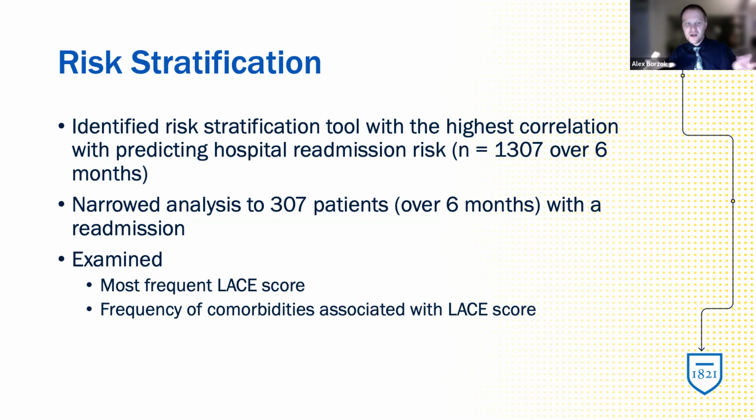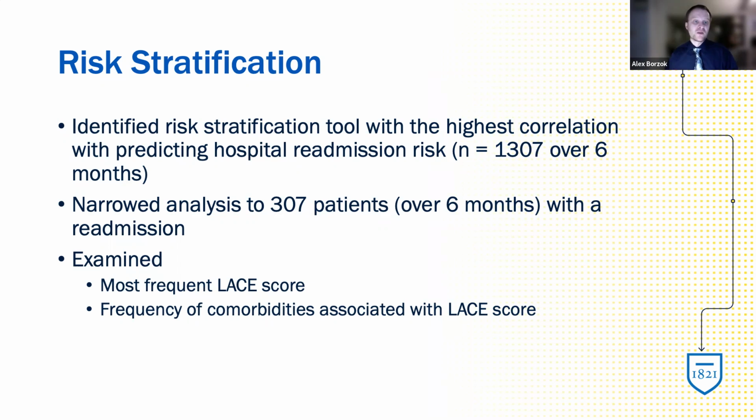So that's the general outline of how we approached this problem of determining which tool to use, and how we're formulating which comorbidities we're paying attention to in order to set up our goal setting, part of the transitions of care pathway at the end of that first initial appointment.